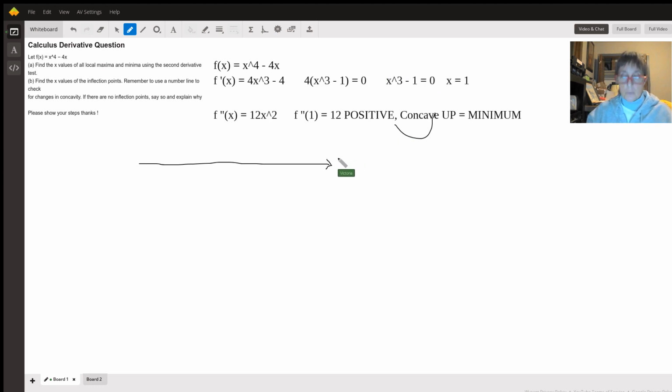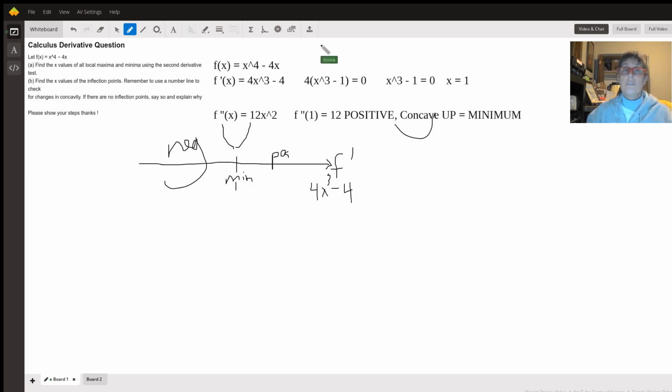If I was going to do a sign line for the first derivative, I would put 1 on it here, and into the first derivative, which is 4x cubed minus 4, I would plug in a number before 1, like 0, and I find that this is negative, which means the graph is decreasing. Then if I plug in a number after 1, like 10, I get that this is positive, which means that the graph will be increasing afterwards, and I can see that I have a minimum.